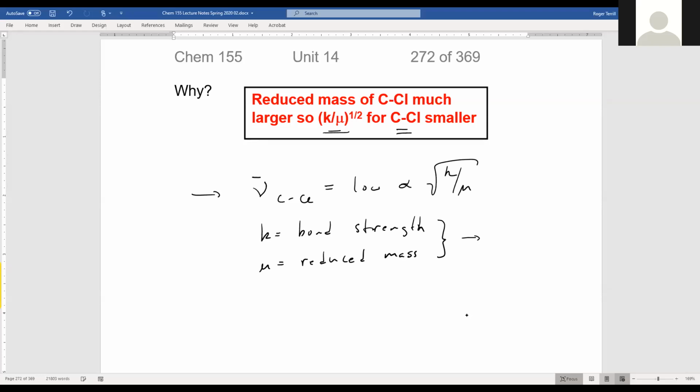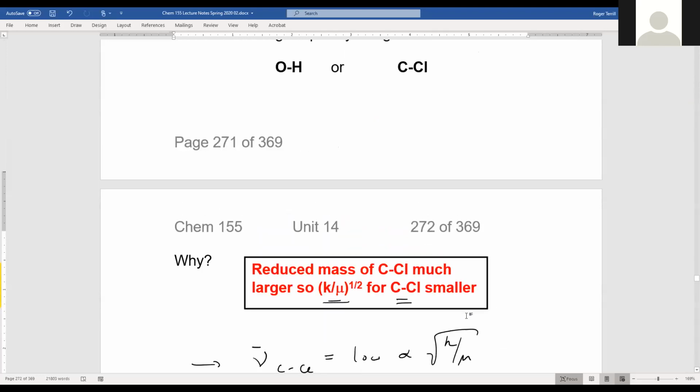This makes a low frequency, low wave number.